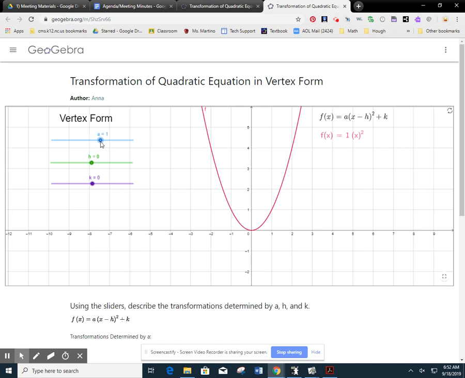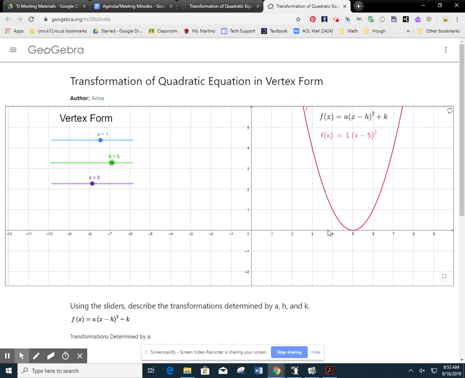Okay, H. So if you can look and see the values of H here, when H is 0, if we increase it and we move, the numbers are getting bigger, H is moving to the right. But right now, H is at positive 5. I moved this slider to positive 5.